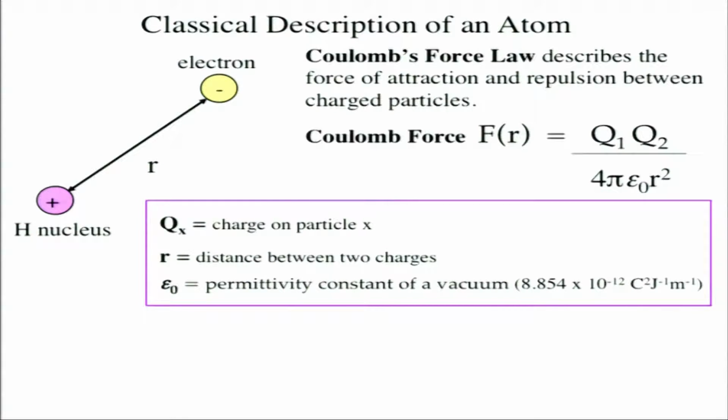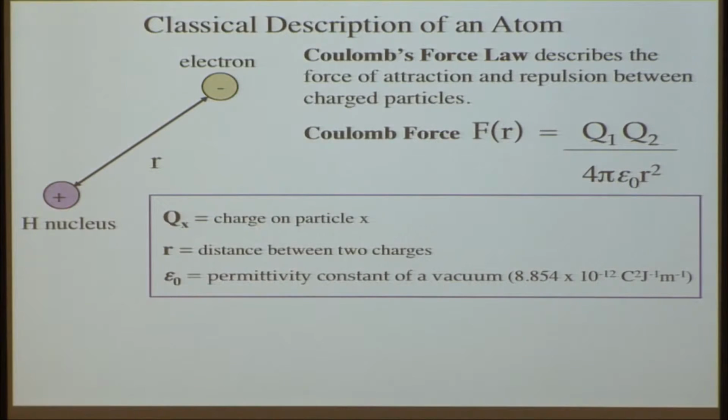So from classical description, we have Coulomb's force law, which tells us about the force when you have two charged particles, Q1 and Q2, so the charge on the particles, over 4 times pi times this epsilon naught, this permittivity constant, times the distance, r squared.